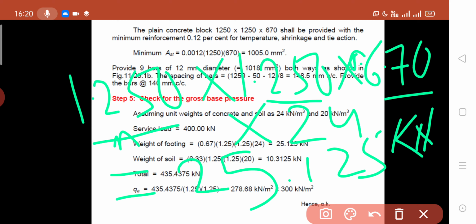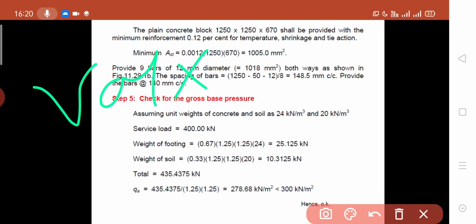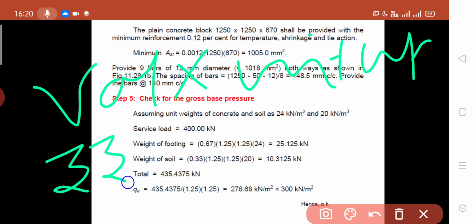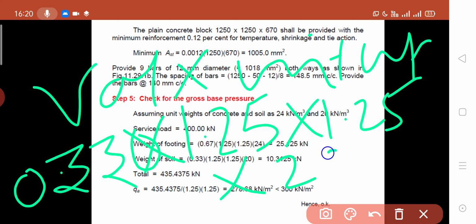We also calculate the weight of soil, which is volume of soil into unit weight. The soil height is 330 mm, so converted to meters it is 0.33, and the area is B into D, 1.25 by 1.25, and the unit weight is 20.